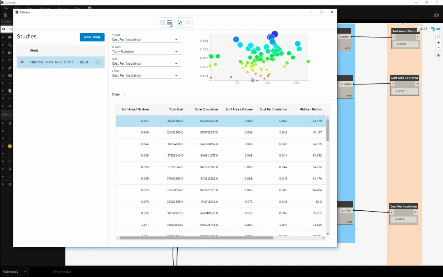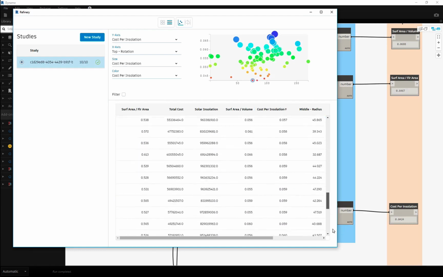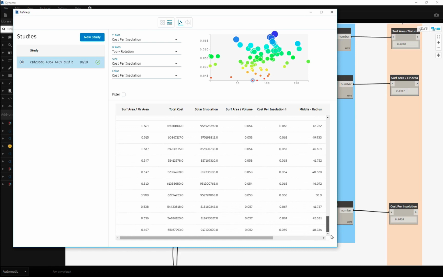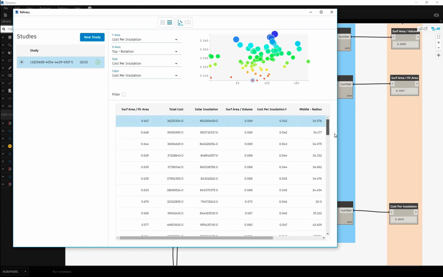and, again, switch over to look at the specific cases. So for example, if you just want to ask what the case is that has the, pardon me, actually that's the direction I do want it in, the lowest cost per insolation, you can see it goes anywhere from 4 cents all the way up to 6 cents based on the things that we studied here.